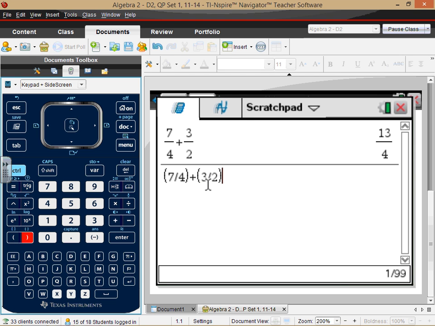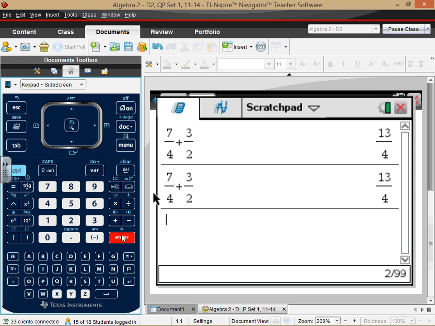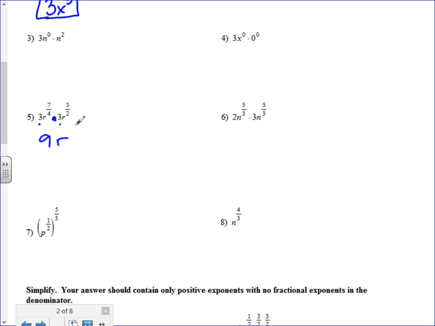So both of these are good and acceptable ways of typing. You can do control divide or you can use parentheses. I don't care which one you do. You should both times get 13 over 4. And notice your calculator rewrites these as fractions. Once you type it in, your calculator will recalibrate it as a fraction. So we have 9r to the 13 over 4.